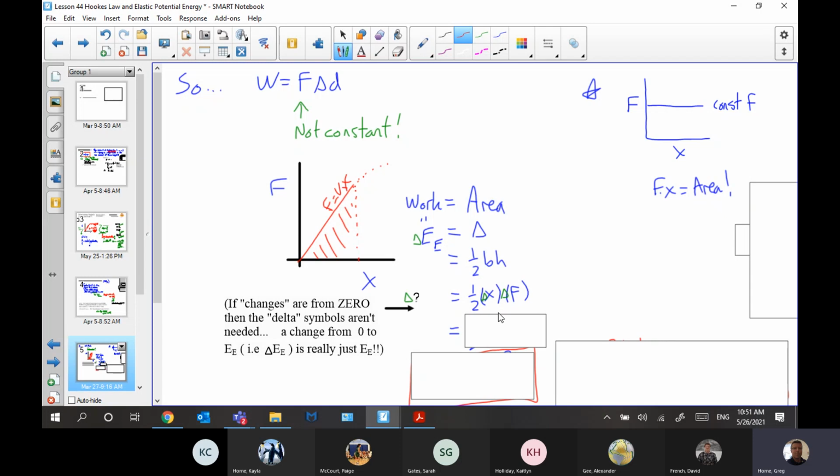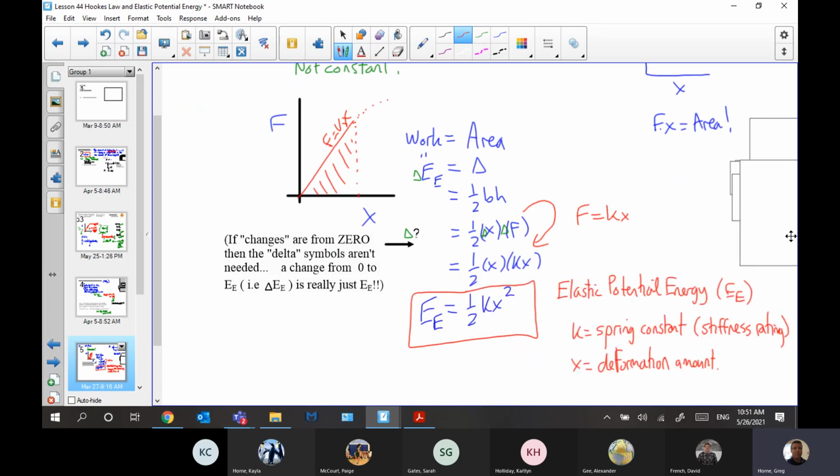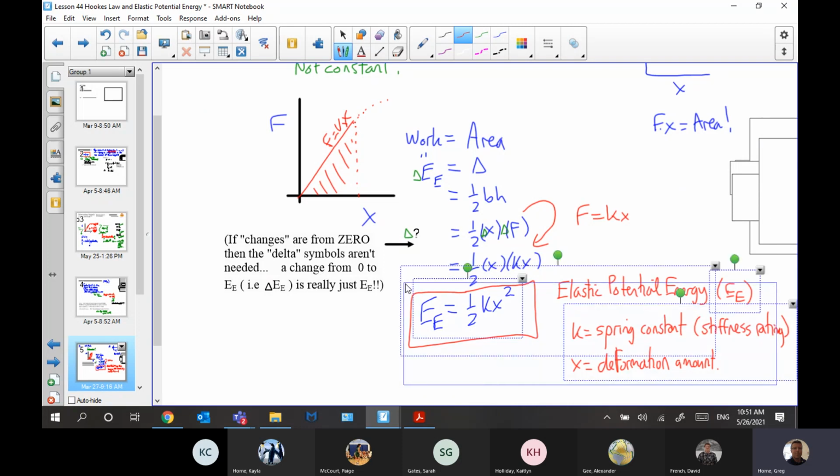So technically we could say 1/2 of delta x and delta f, but if we're talking about changes from 0, the deltas are really just the values, so we can get away with just saying x and f, and then we are using right here that f equals kx. So we end up with 1/2 of x times kx, which gives us a nice easy formula, 1/2 kx squared, which is very nicely similar to the kinetic energy equation.